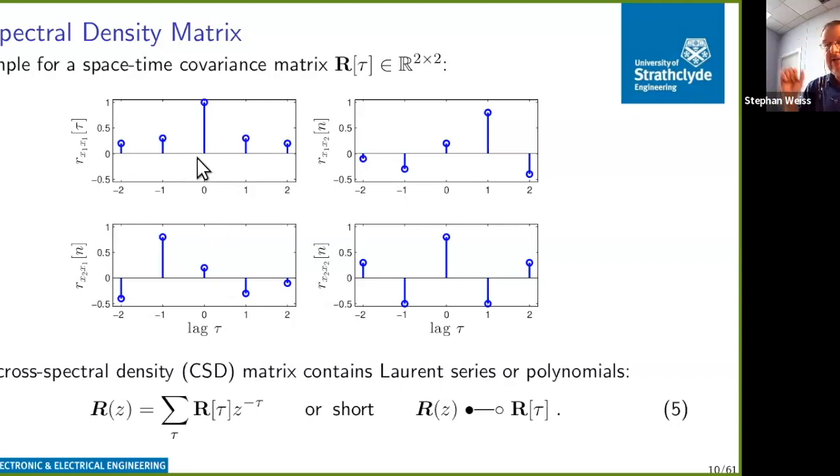On the diagonal, you have the two autocorrelation terms. They're symmetric in the real valued case. And if you check the bottom right-hand corner element, this will be the time reversed and potentially complex conjugated component, in the complex valued case, of what you have in the top left-hand corner of your matrix.